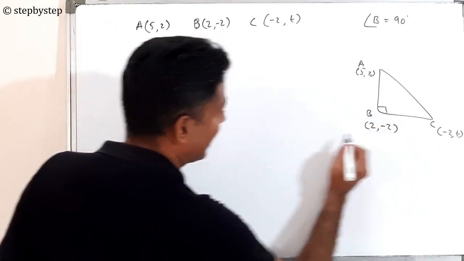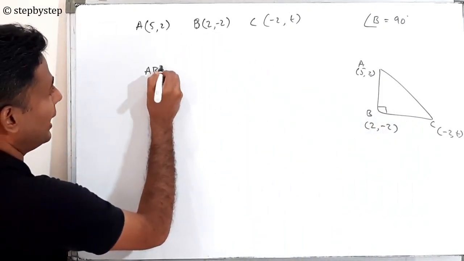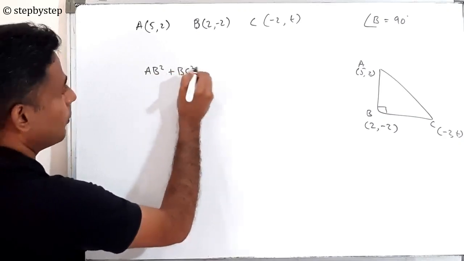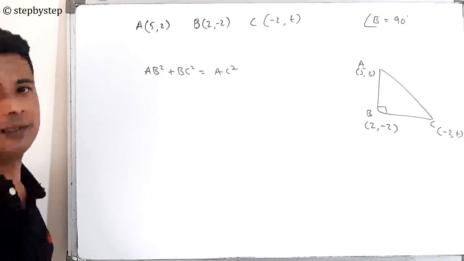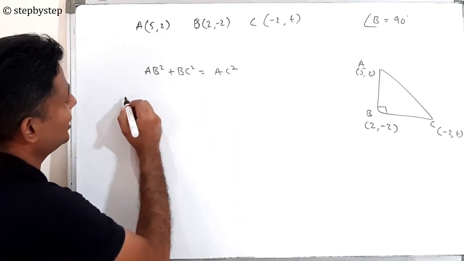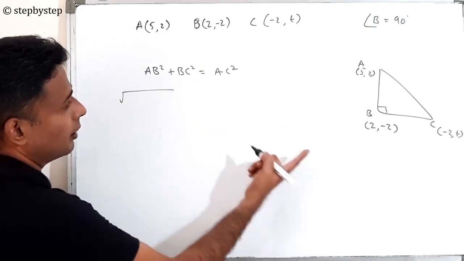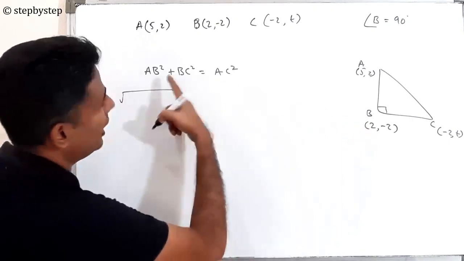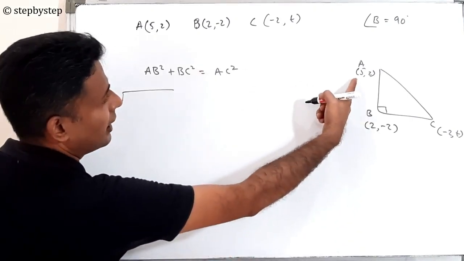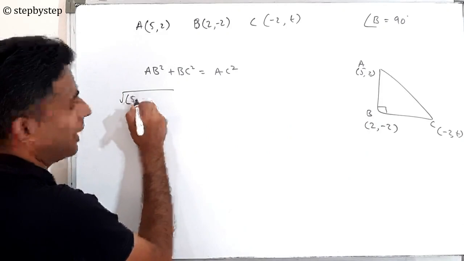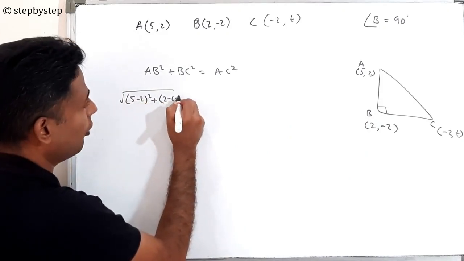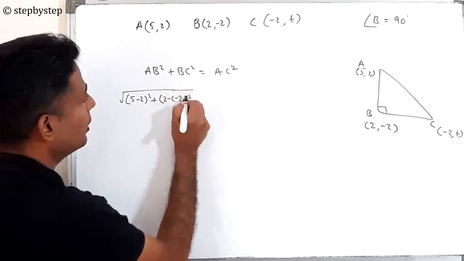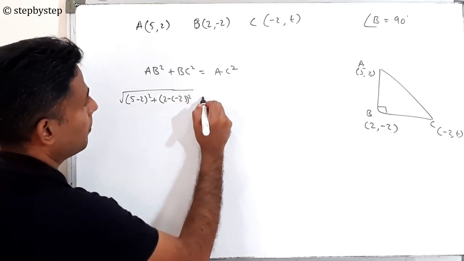It's a right angle triangle, right? So we can have AB square plus BC square equal to AC square, Pythagoras theorem. Now since we have this, we just have to apply the distance formula. AB, so I'll take this as x2 y2. So 5 minus 2 whole square plus y2, that is 2, 2 minus of minus 2 whole square, alright, plus BC square.